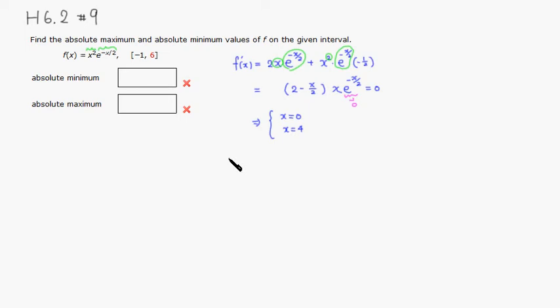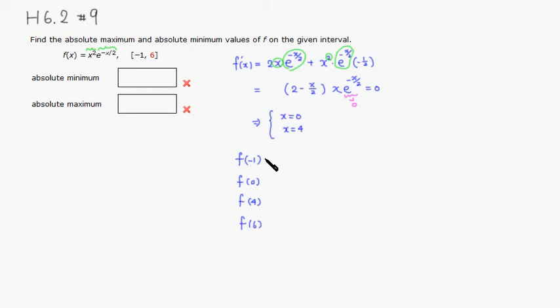So we have to look at f of negative 1 and also f of 0, that's the first critical number, and also f of 4, and then f of 6.